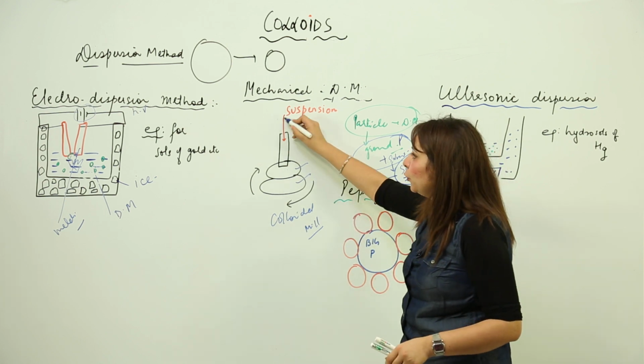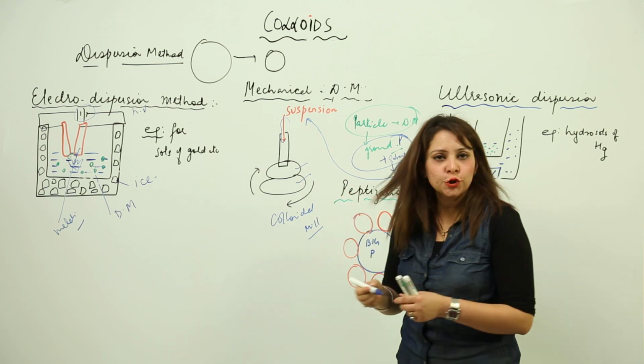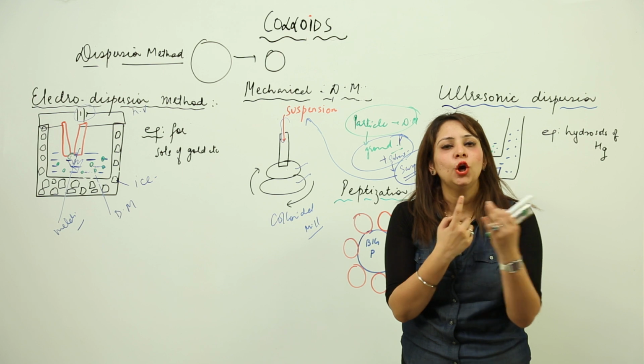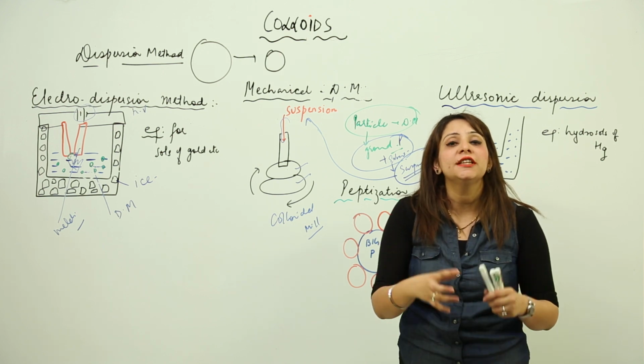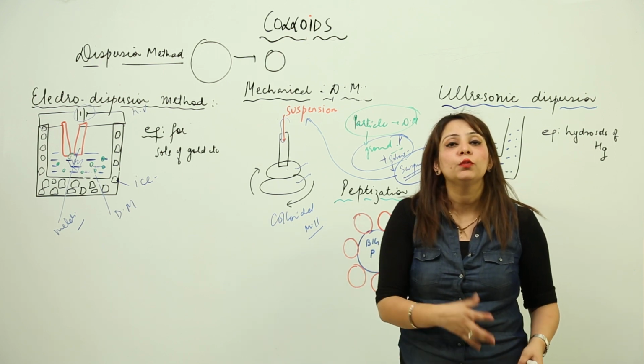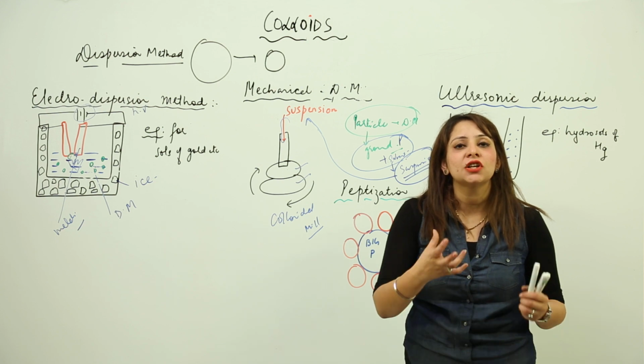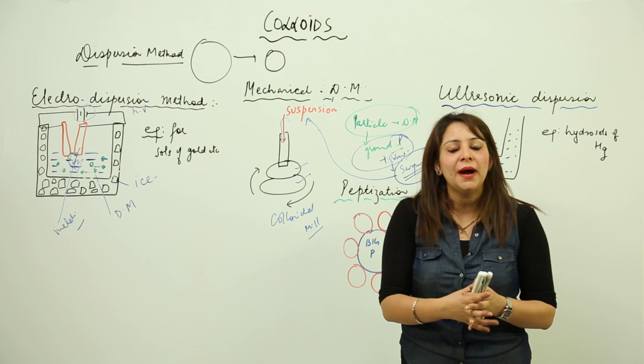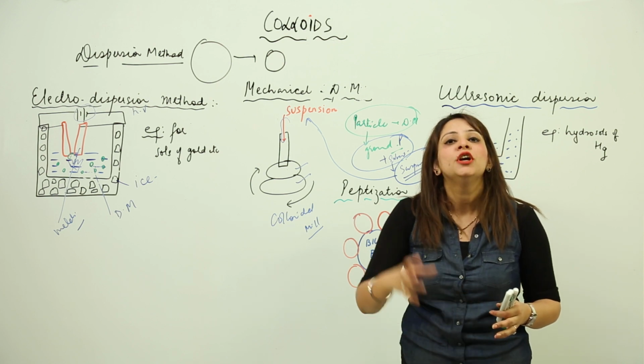We pour the suspension from here and switch it on, and one disc rotates clockwise, the other anti-clockwise, and in doing so they further grind the particles, and they get broken up into smaller particles that fall in the range of colloidal particles.